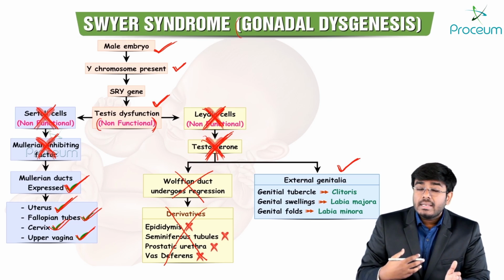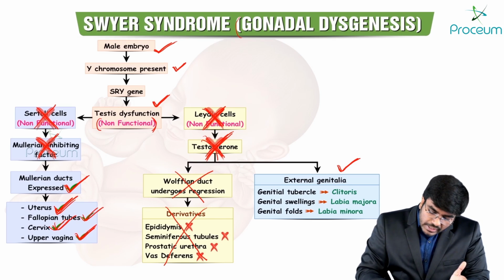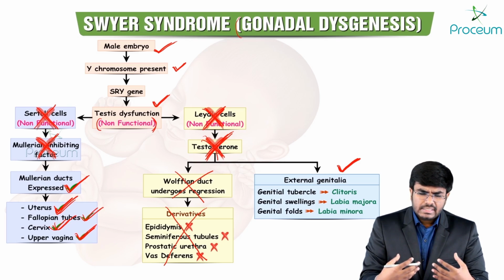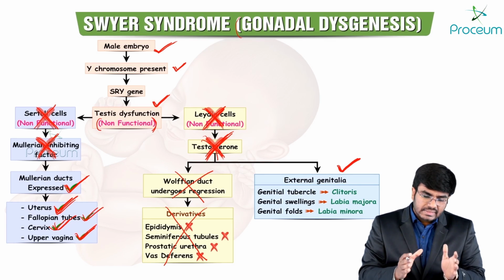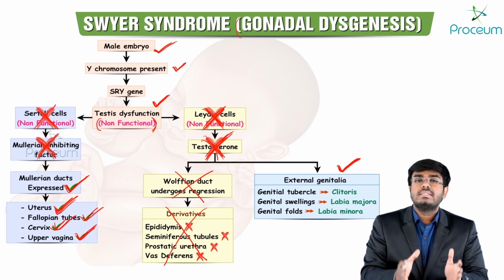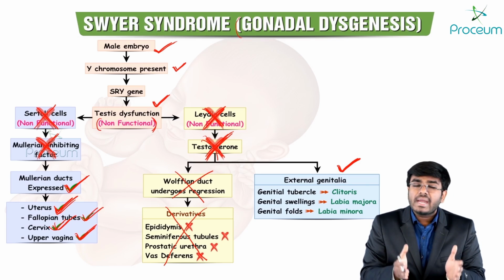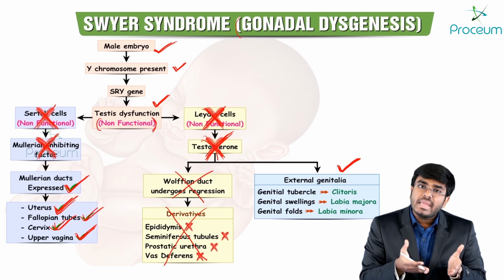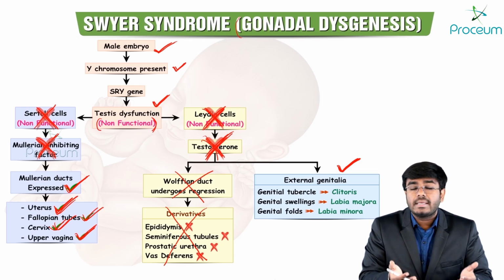So, this male is having internal female reproductive organs, and also female external genitalia. So, anyone would think that this is a male child or a female child? Everyone will think that by the time of birth, this is a female child and raised as a female child. But in fact, genotypically and karyotypically, this is a male child with female internal and external genitalia.